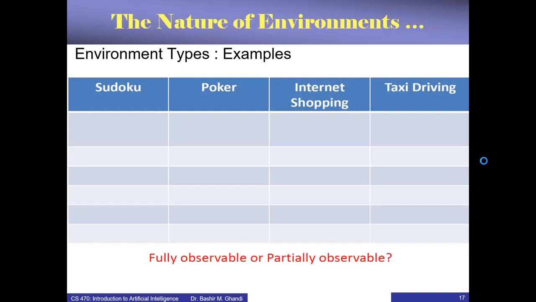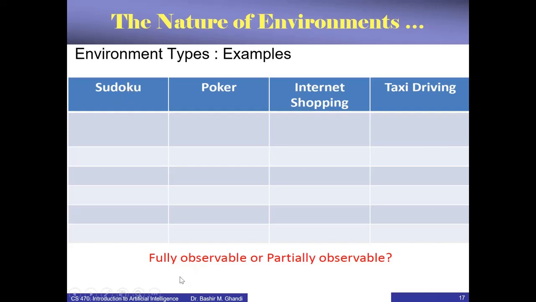So we have this in a table, and we will be asking the question, trying to identify the particular dimension that we can categorize a particular agent into.